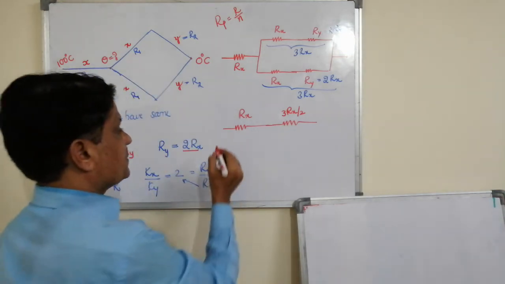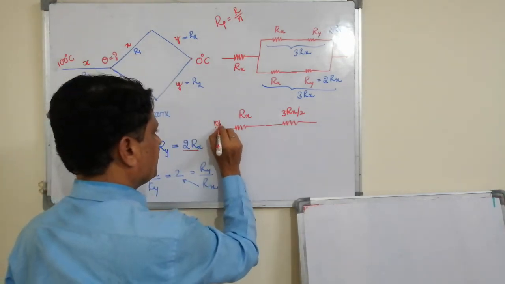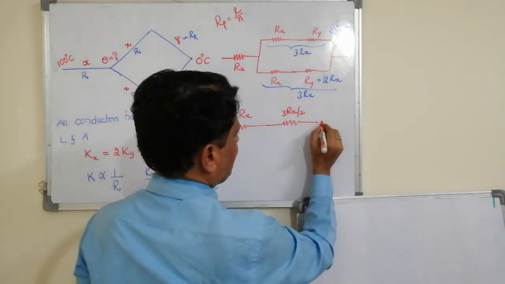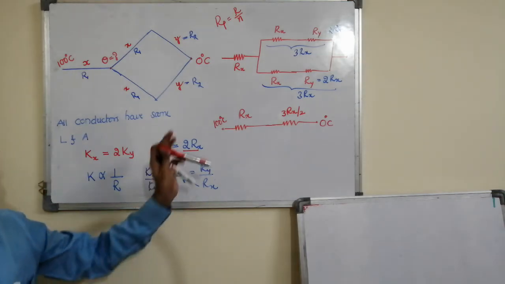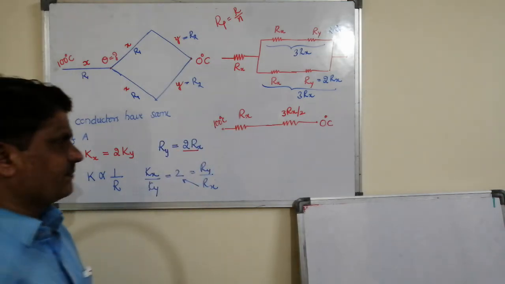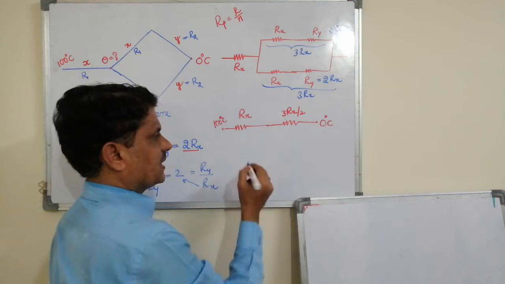Suppose it is 100 degrees Celsius and this is 0 degrees Celsius, then we have to divide and get the answer.